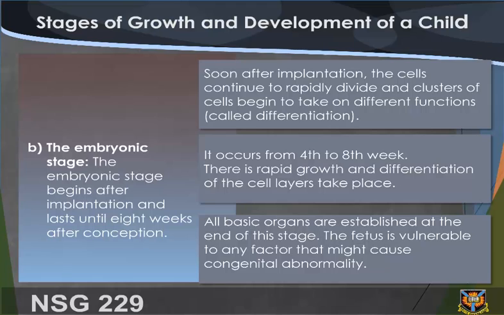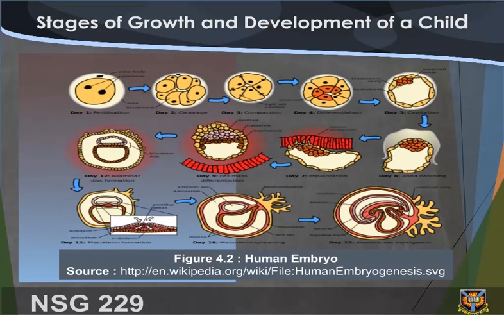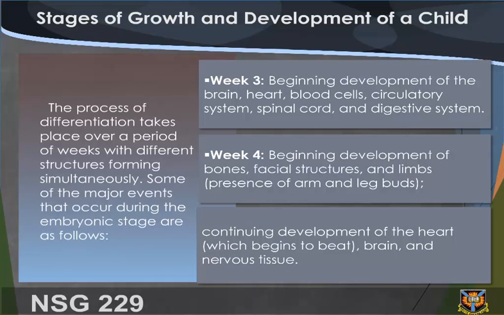All basic organs are established at the end of this stage. The fetus is vulnerable to any factor that might cause congenital abnormality. The process of differentiation takes place over a period of weeks with different structures forming simultaneously.